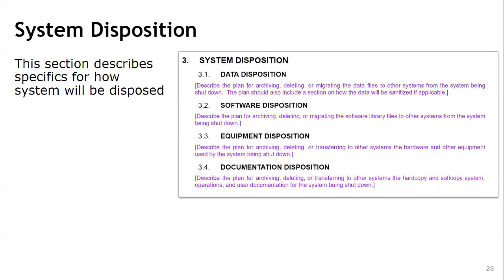And the other one is equipment disposition. If there is anything in relation to the system disposition, we have to dispose of that as well. Documentation disposition: describe the plan for archiving, deleting, and transferring to other systems. So this is the system disposition. We have to consider the data, the software, the equipment, and the documentation disposition.